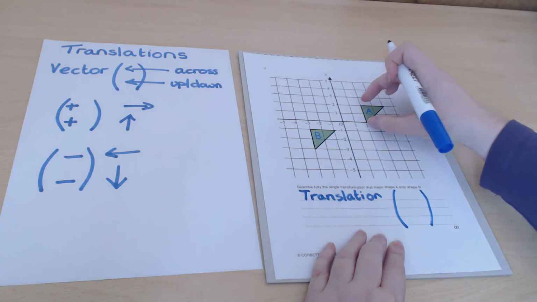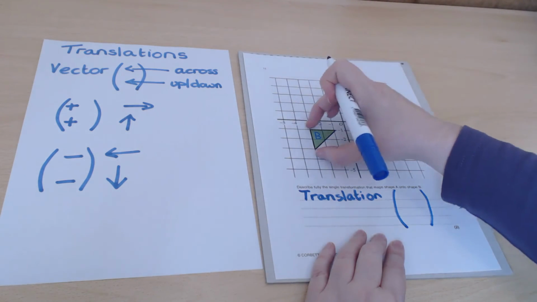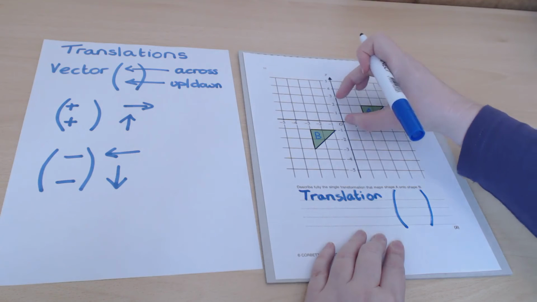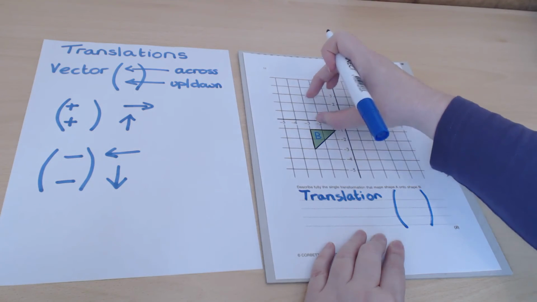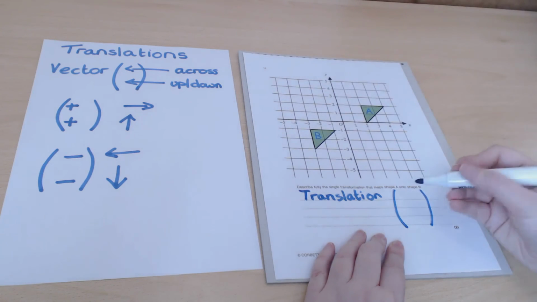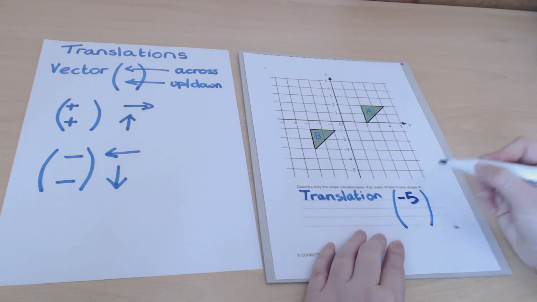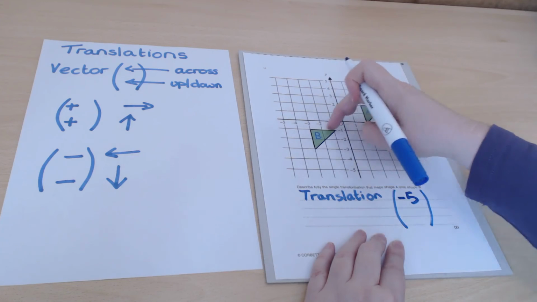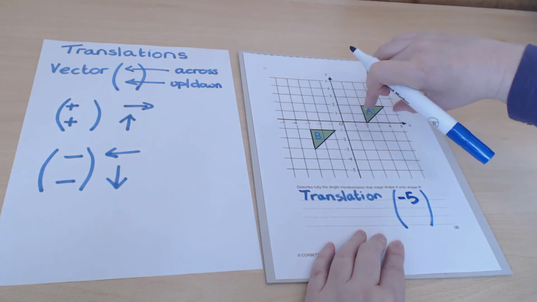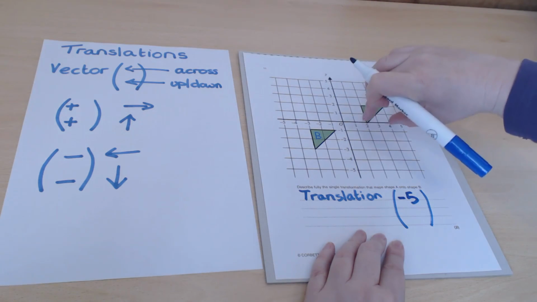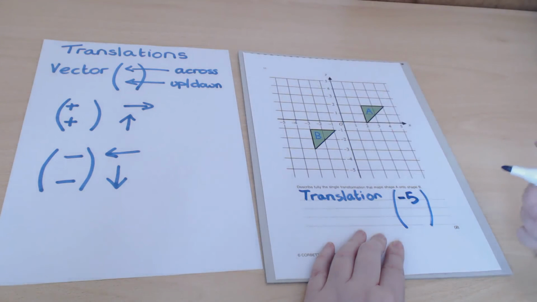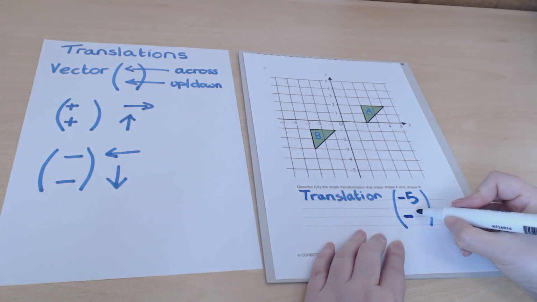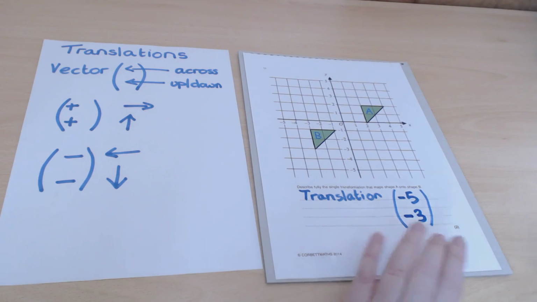How far? I'm comparing this line to this line. It's gone 1, 2, 3, 4, 5 backwards, so that's a -5. Then it's gone down. Comparing this line to this line, it's gone down 1, 2, 3. So that's -5, -3. So that is translations for you.